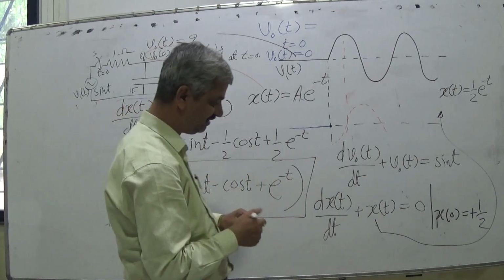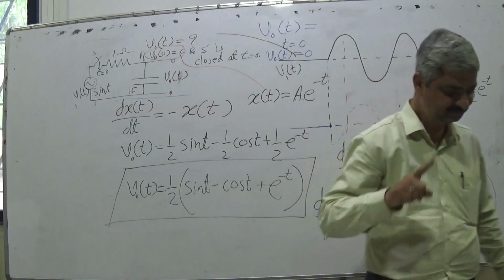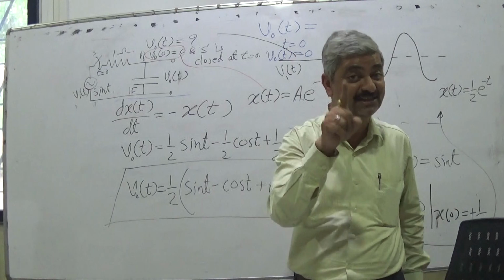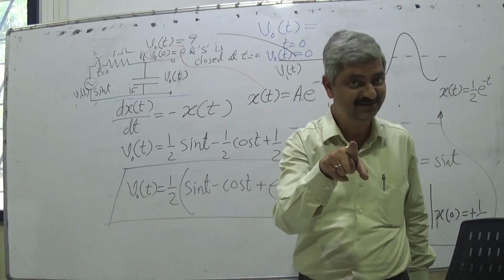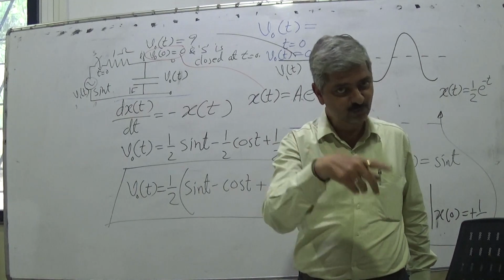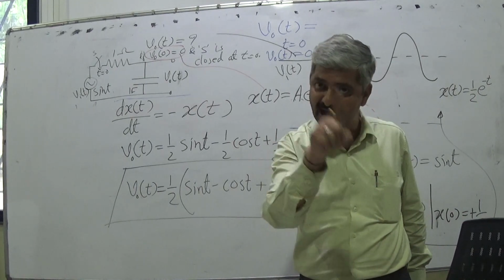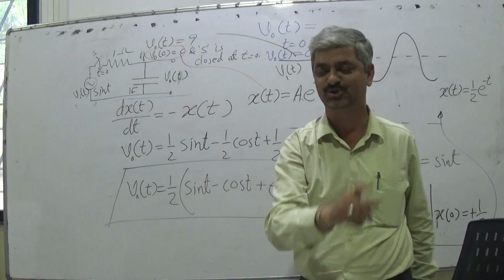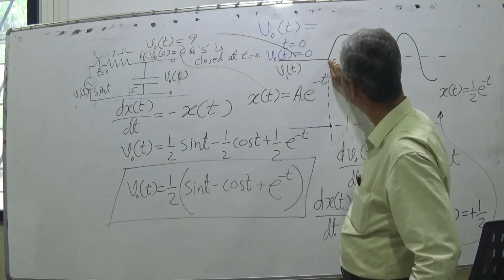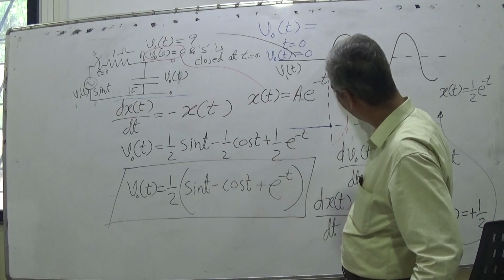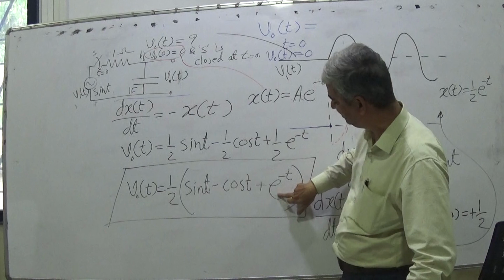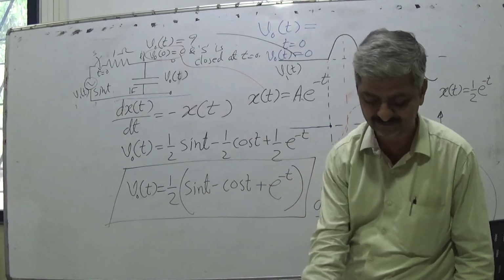So remember that V_o(t) is not a pure sinusoid, because what you have applied is not a pure sinusoid. You are applying it from t equal to 0. So V_o(t) will be this sinusoid plus this e raised to minus t.